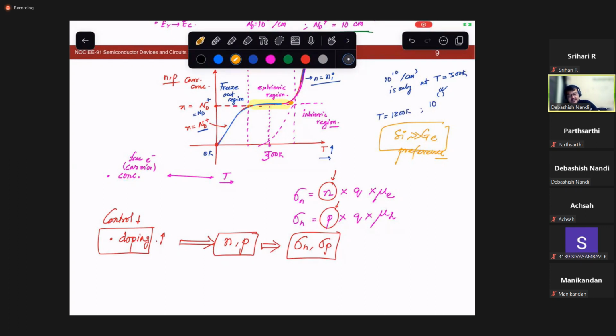We want this extrinsic, constant range to be wide, because that means if I am doping with Nd or Na, I will have that particular amount of carrier concentration. That will determine the conductivity of the semiconductor. So this was a very important concept.